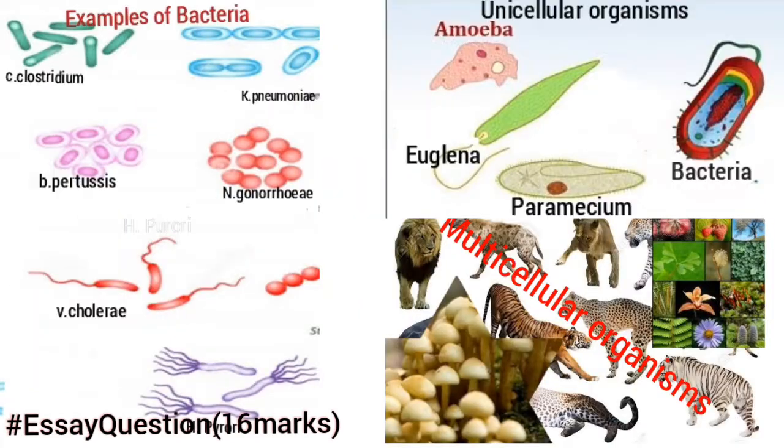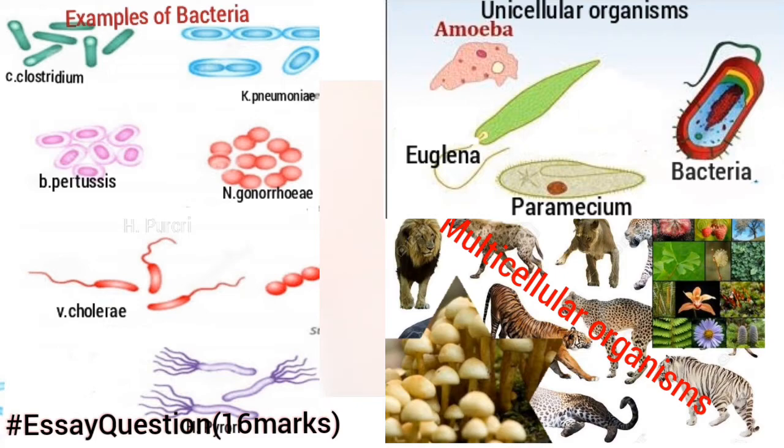Whether it is plant or animal, whether it is unicellular or multicellular, whether it is green or non-green plant, whether it is a mammal or an insect, whether it is so tiny, for an organism to have life, it has to show these characteristics.